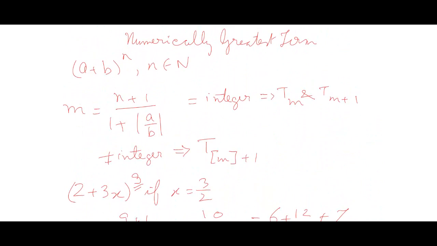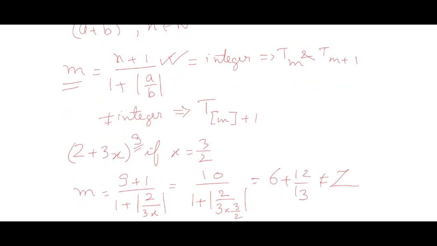So what do we have to remember in this particular lesson? If we are required to find the numerically greatest term, this is not the numerically greatest coefficient. Remember, this is the numerically greatest term. So we need to find the value of this small m. You have to remember this particular expression. Put in the values of n, a and b from the given binomial data in the question, and check whether this value of m is an integer or not.